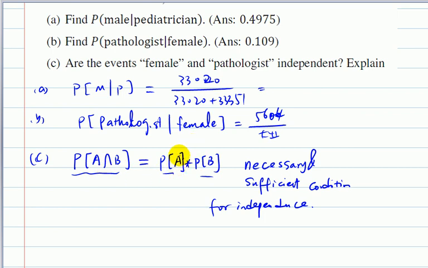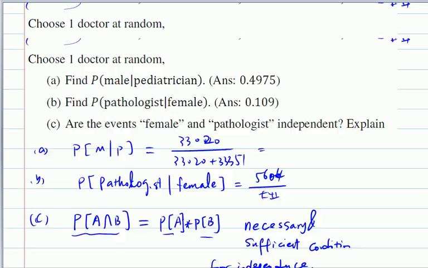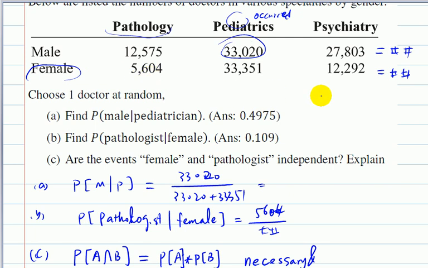Let's say P(A) here represents A as a female, B represents a pathologist. So you need to calculate the probability of being a female and the probability of being a pathologist. And that's fairly easy. For the probability of being a female, let's see, this is F total, and this is M total.